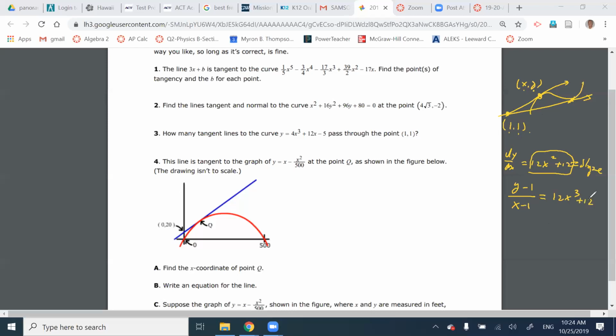Can you follow me? You understand? Okay, one more time. This is the function. If you want to find the slope of the tangent line to this function, you need to do dy/dx, no problem. And then we got this one.